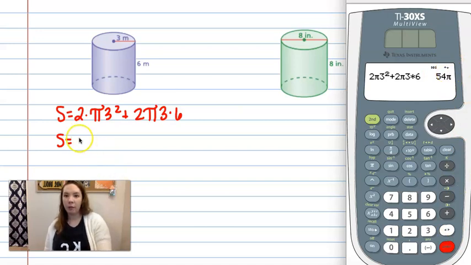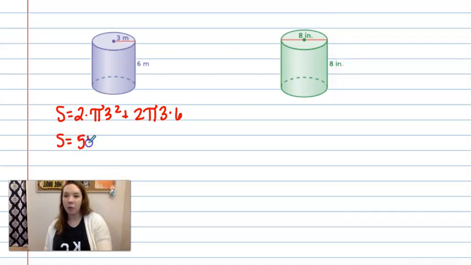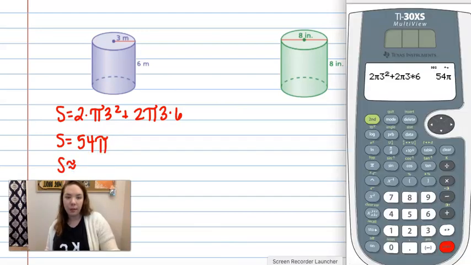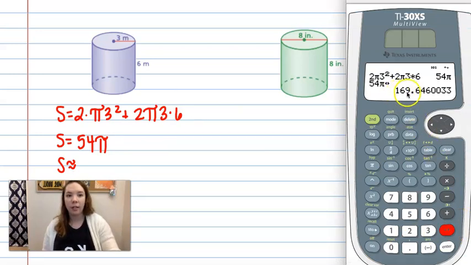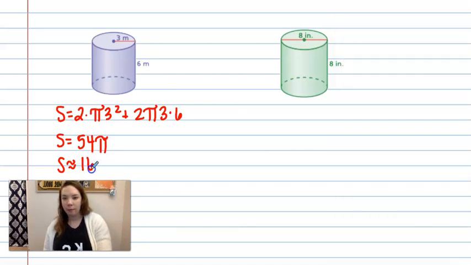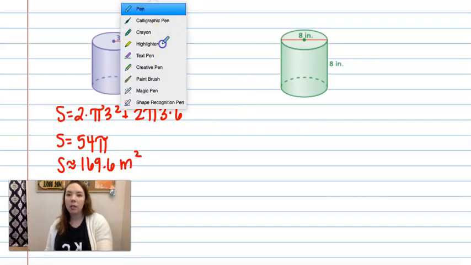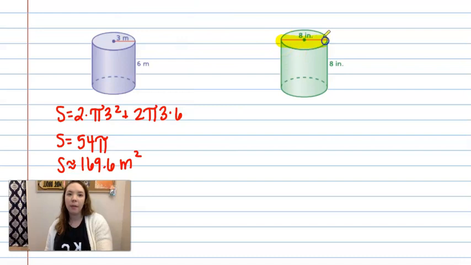If they ask for exact form, it'd be 54 pi. That means there's no rounding error. But if they asked for a decimal, well, let's say we do the nearest tenth here, you can hit your toggle button. So I'd have 169.6 square meters.